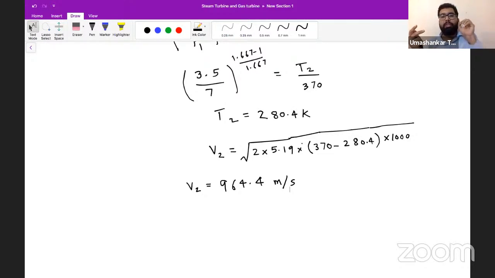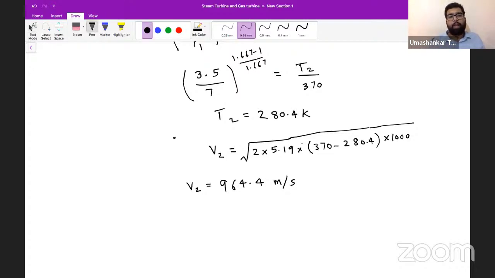When you get values like this, your velocity must approach the velocity of sound. So in an examination, if such a low value comes, just cross-check yourself what is going wrong in the solution.